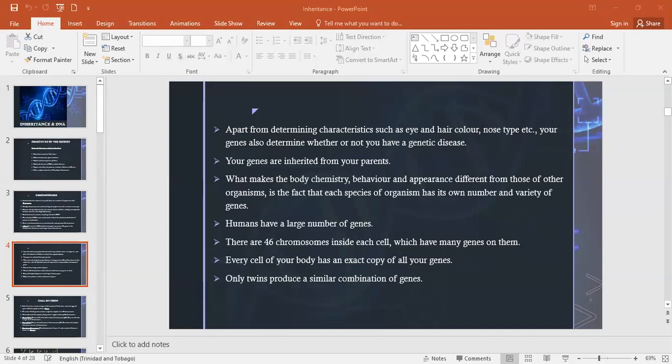Very good. So every cell in your body has an exact copy of all your genes, right? That means the same genes are throughout your entire body. So genes for your hair, responsible for coding the protein that forms keratin, are also found throughout your body.